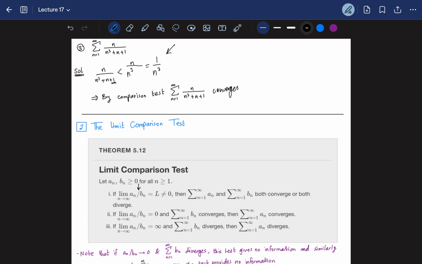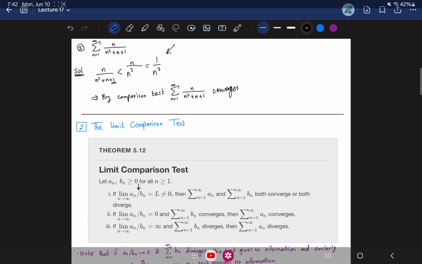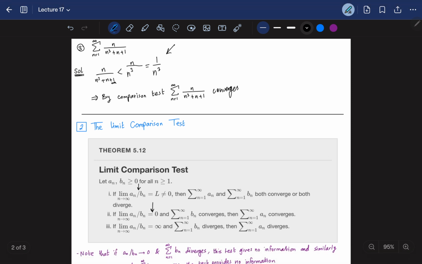So if my limit of an over bn is not 0, then the summation of an also converges, and so on. If the limit of an over bn is 0 and the summation of bn converges, then this proves that the summation of an converges. And if the limit is infinity and the summation of bn diverges, then the summation of an diverges too.